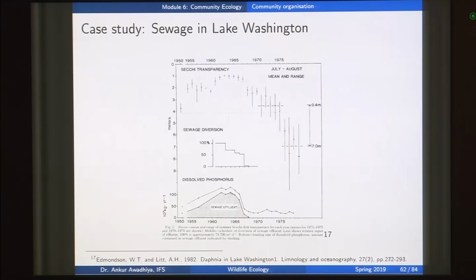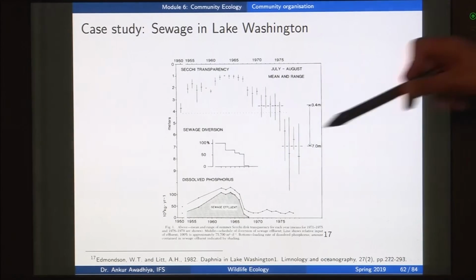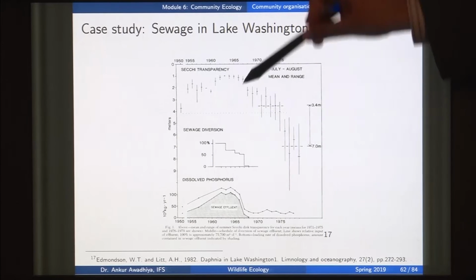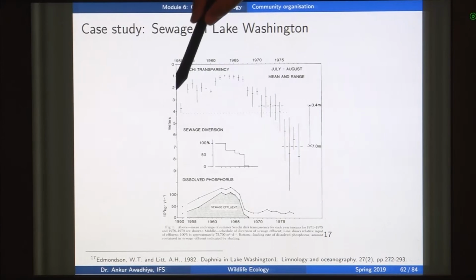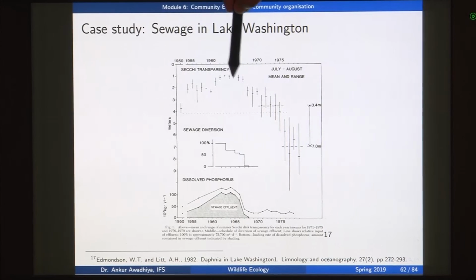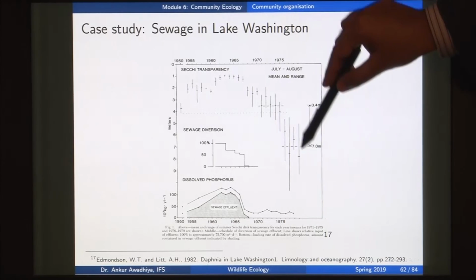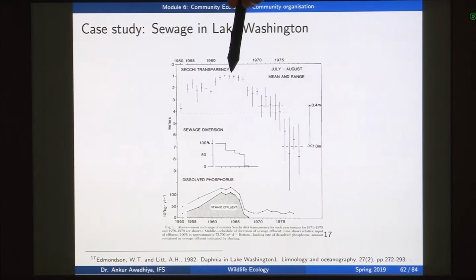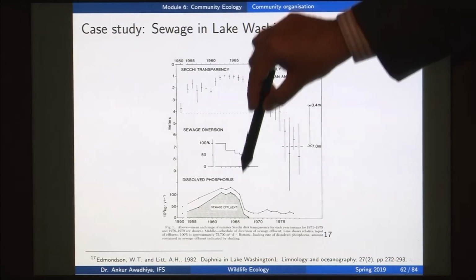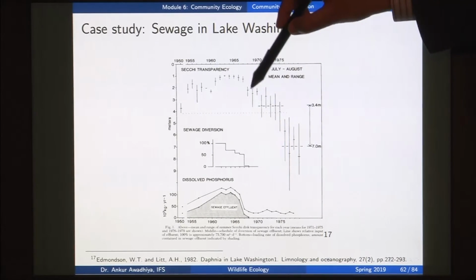Now, here we are saying that when you had sewage being put into the system, the Secchi transparency or the Secchi depth was close to around 1.5 meters. Later on we can see that the level is going up. Once you have stopped putting in your sewage, the Secchi depth increases.